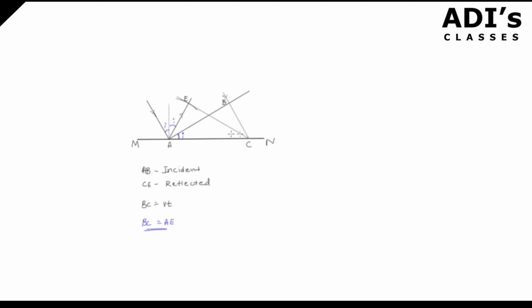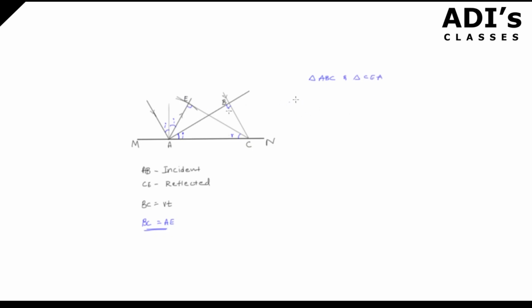Now AB is perpendicular to the incident wavefront, so if this is I, then this whole angle will be 90 minus I. If that is 90 minus I, then this angle will also be I. Similarly, this angle will be R, because CE is the reflected wavefront.